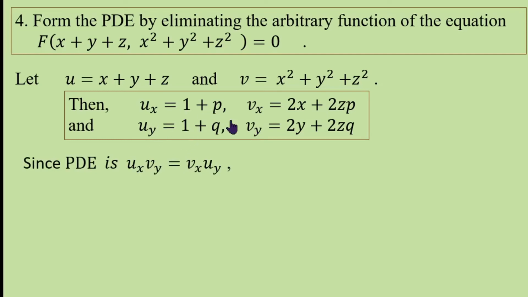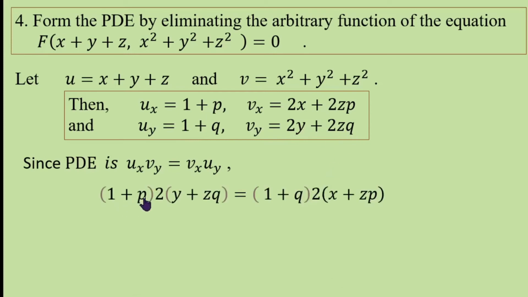Here 1 plus p into 2 times of y plus zq equal to 1 plus q into 2 into x plus zp.